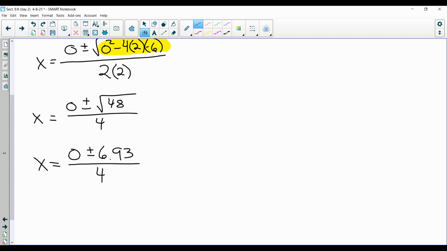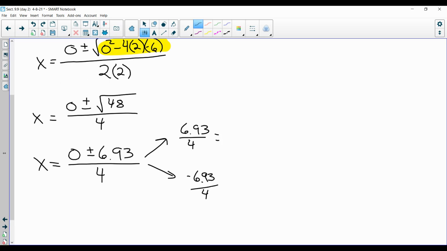So really, this is just going to become positive. I'll split this. It's going to be 6.93 divided by 4, and negative 6.93 divided by 4. Okay? So what'd you get for your answers, Hannah? I got 1.73 and -1.73.